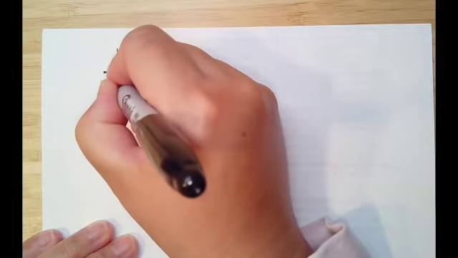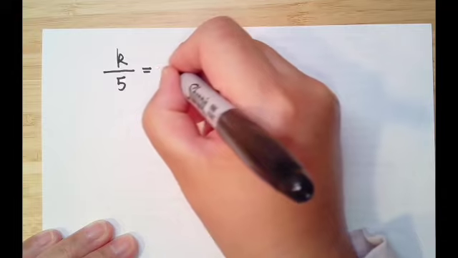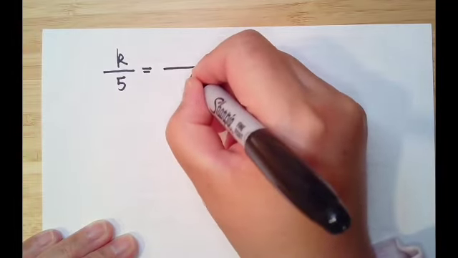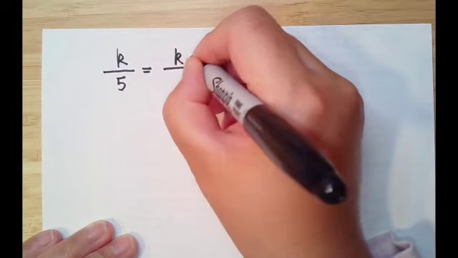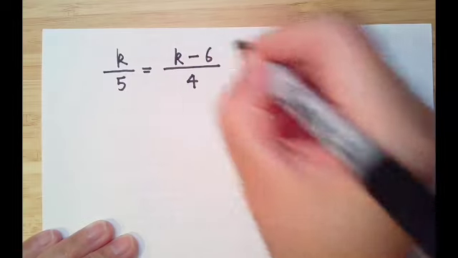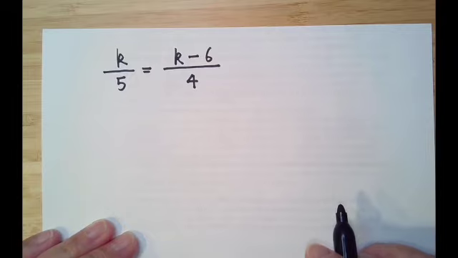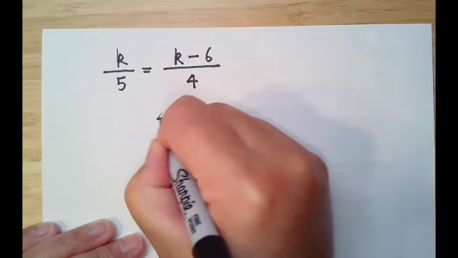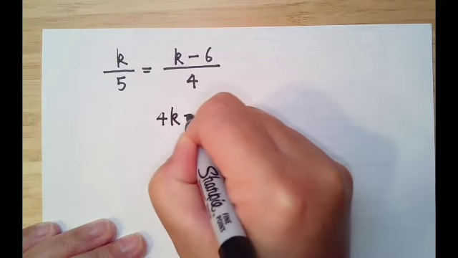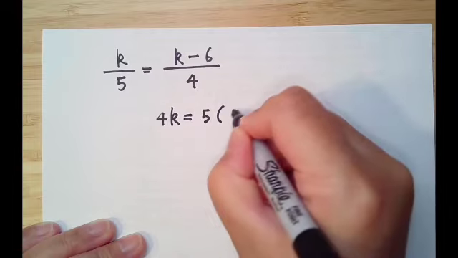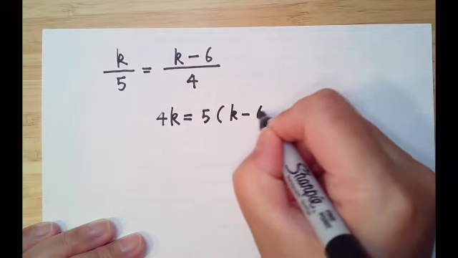Okay, so let's work on one more. Okay, we do k over 5 equals 4 over k minus 6. I just made that up. How to solve for that? Cross multiplication, we're the experts now. We know 4k equals 5 times k minus 6.